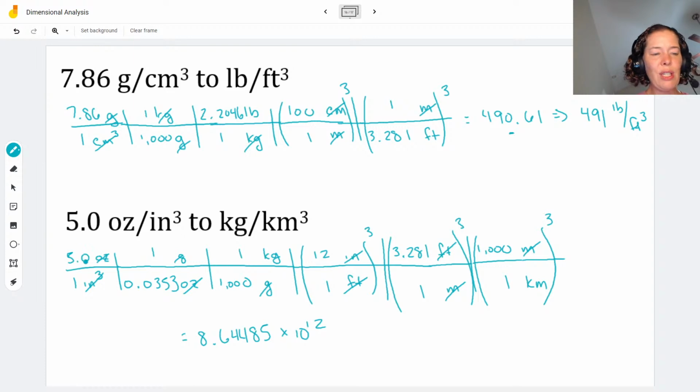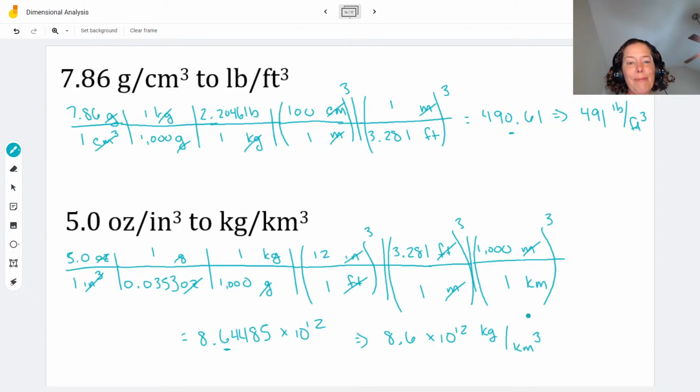I have 2 sig figs in 5.0 ounces, 3 sig figs here, infinite, 1, 2, 3, 4 sig figs, and then infinite. So great. My 5 ounces limits me. I need 2 sig figs, so I'm going to round right there. And this is 8.6 times 10 to the 12th. Again, double checking. I have kilograms in the numerator and kilometers cubed in the denominator.